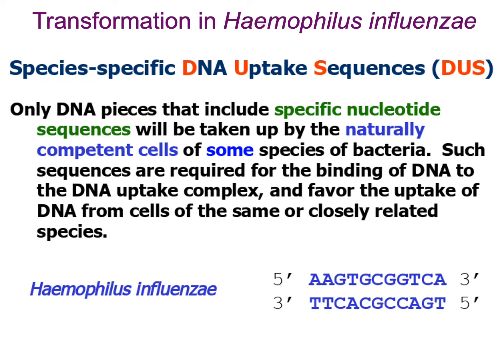The DUS for Haemophilus influenzae is a special 11 base pair sequence, as you can see in the slide, and this sequence is repeated more than 1,400 times in the genome. Basically, the DNA fragment must have this sequence to be bound by a competent cell of Haemophilus influenzae for transformation to happen.